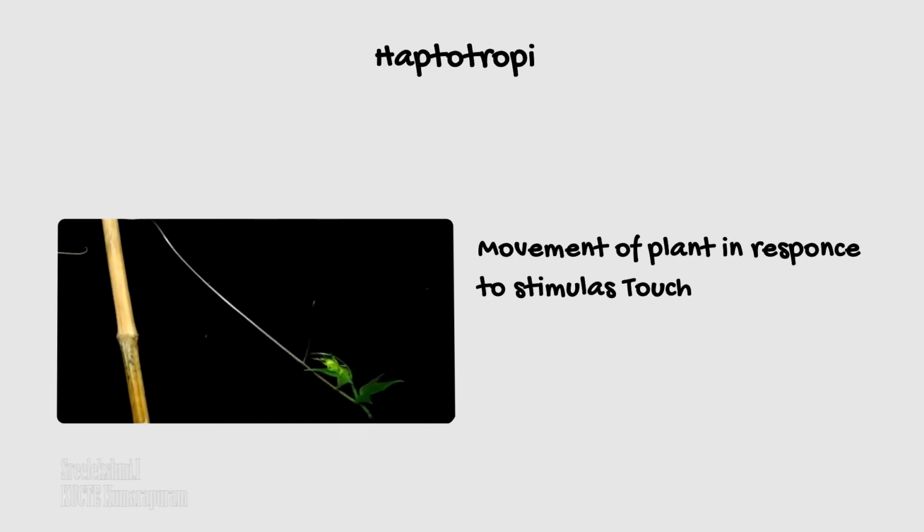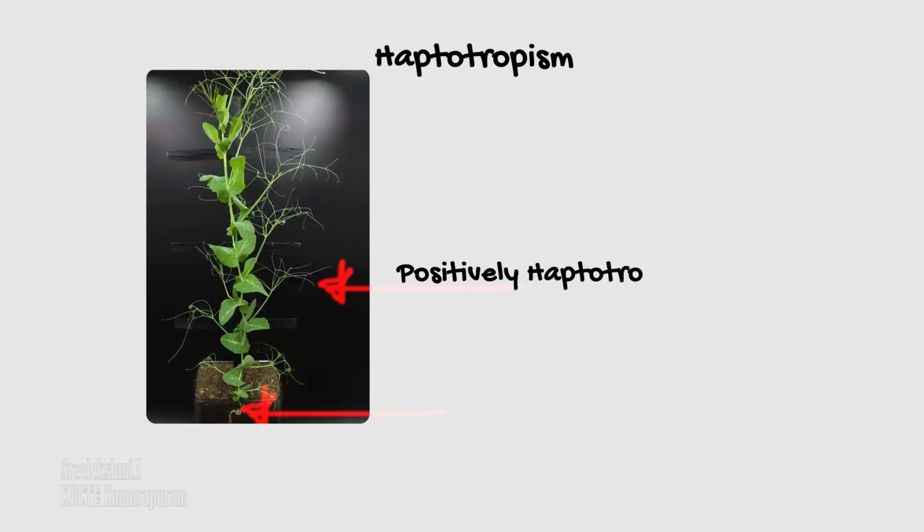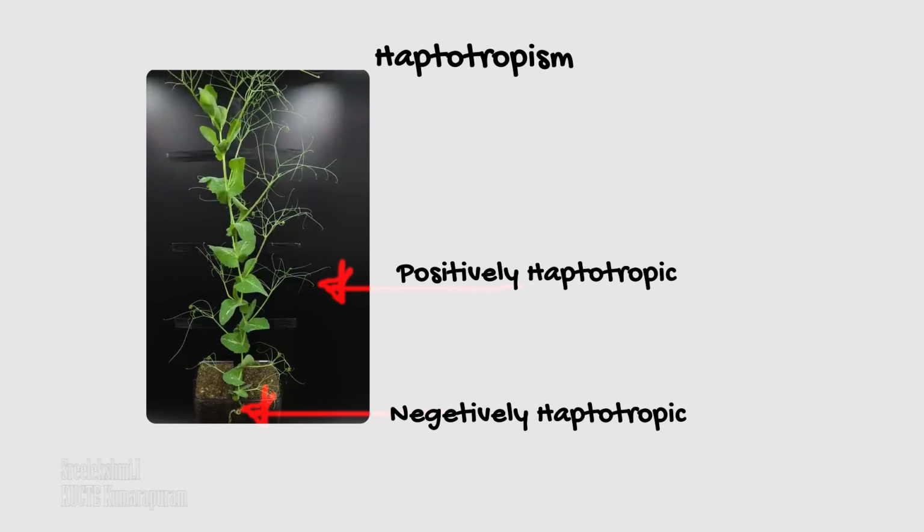And this plant is supported by its touch. Such a movement of a plant in response to the stimulus touch is called haptotropism. Here, the stem is positively haptotropic and the root is negatively haptotropic.